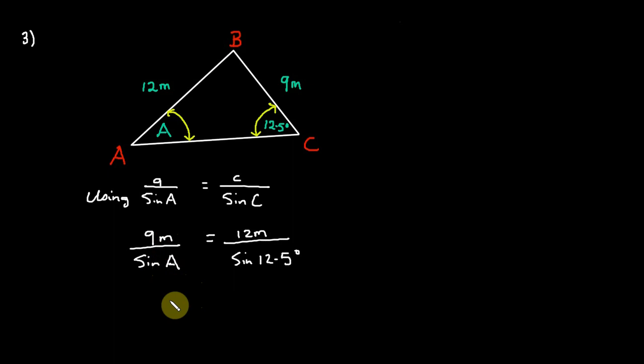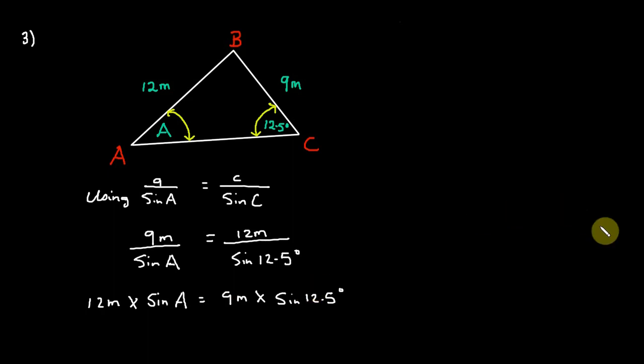So we cross multiply. 12 meters multiplied by sine A is equal to 9 meters multiplied by sine 12.5 degrees. At this point, we wish to find angle A. We have an intruder. The intruder here is 12.